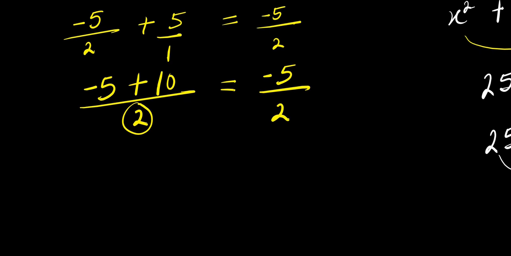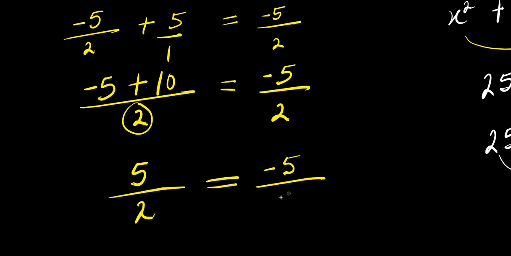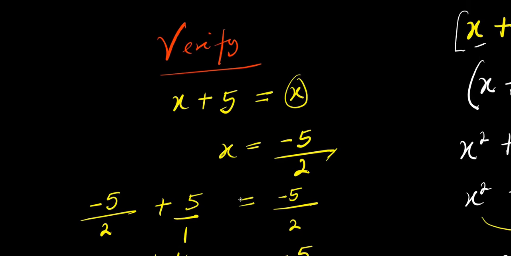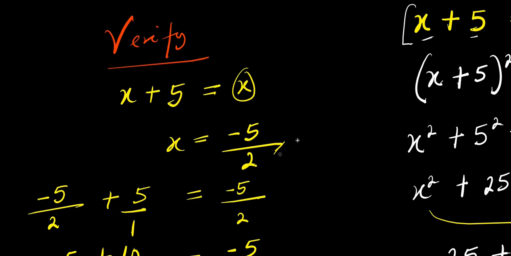Now, negative 5 plus 10 will give you positive 5 divided by 2. And this becomes negative 5 divided by 2. This divided by 2 is not the same as this divided by 2, so they are not the same. That means this particular solution here is wrong. This is the wrong solution.